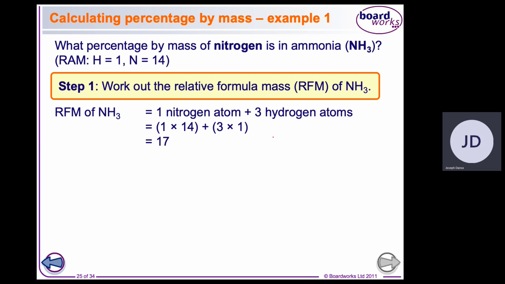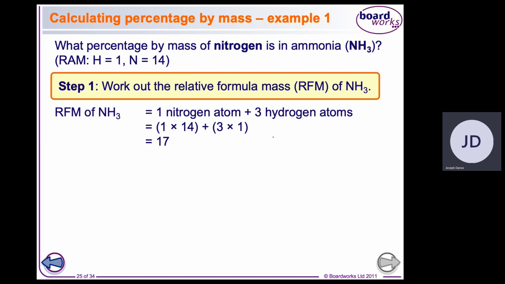And we go to hydrogen. We have 3 lots of hydrogen, multiply that by the relative atomic mass of hydrogen, which is 1. And if you add them up, we're going to have 17 as the relative formula mass of ammonia.